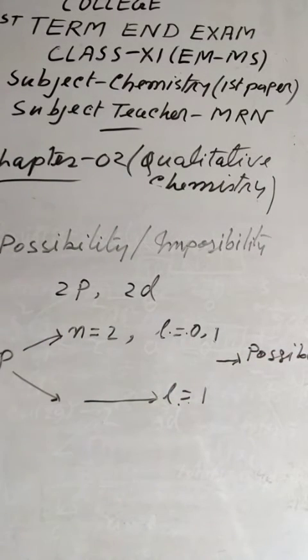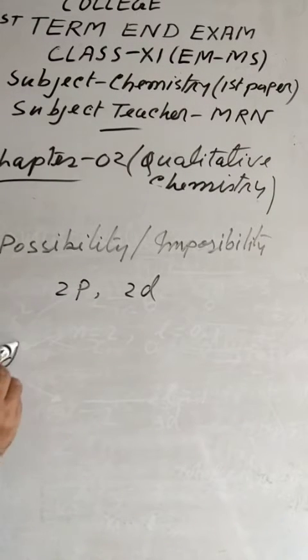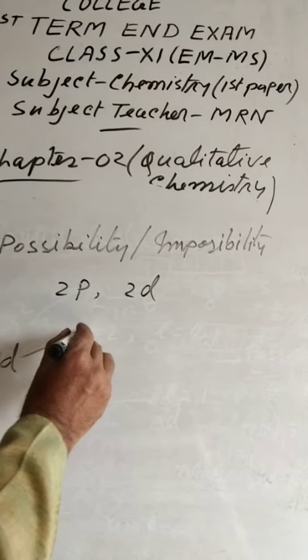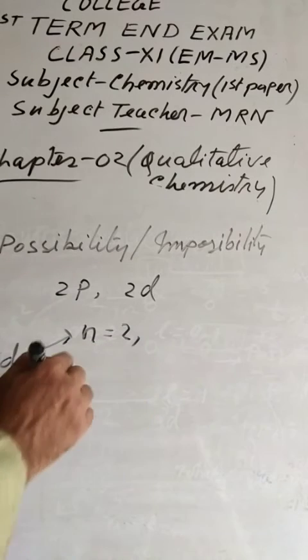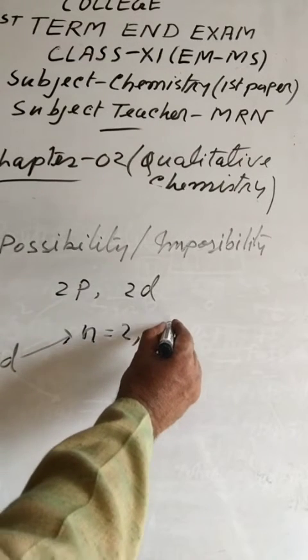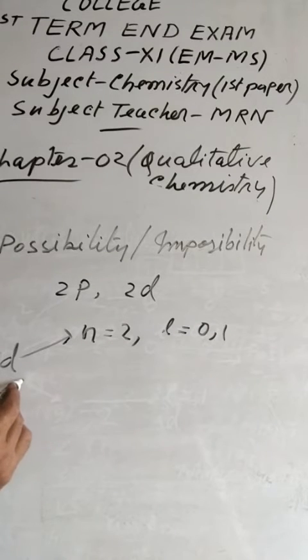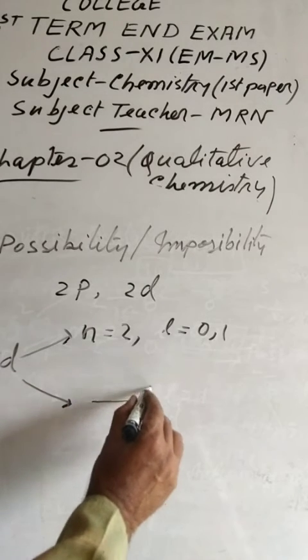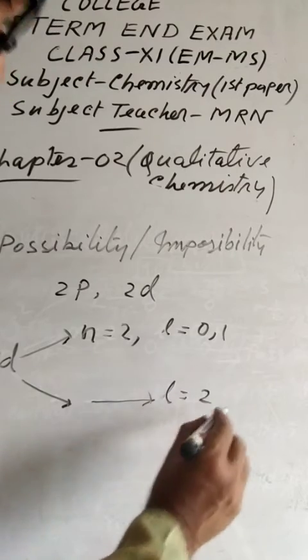Okay, next one, 2d. For 2d, the principal quantum number n is 2. When n is 2, the value of the subsidiary quantum number will be 0 and 1. When the orbital is d, the subsidiary quantum number is 2.